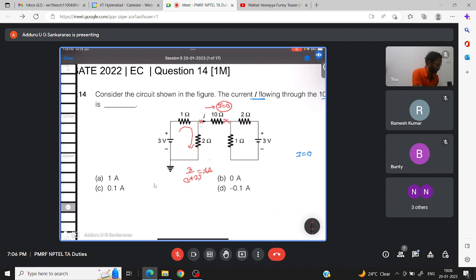In this loop also, the current is 1 amp. But irrespective of that, here the current is 0 because there is no return path for the current to come back.